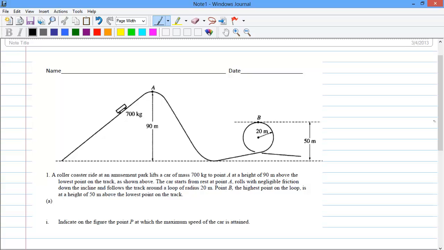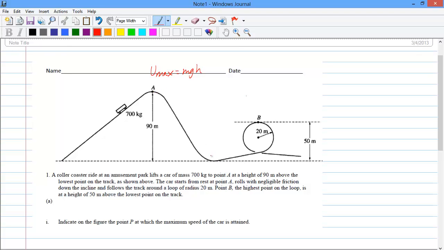So for part A, it says indicate on the figure the point P at which the maximum speed of the car is attained. Well, up here we have the maximum potential energy, which is mgh. So at this very top, at point A, it's going to have the most potential energy.